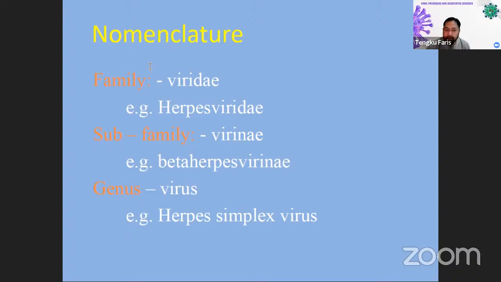And the genus is the virus itself, a specific virus like herpes simplex virus, but you need to know that the herpes simplex virus also has different types. The different types we call the virus group, like HSV1 or HSV2.